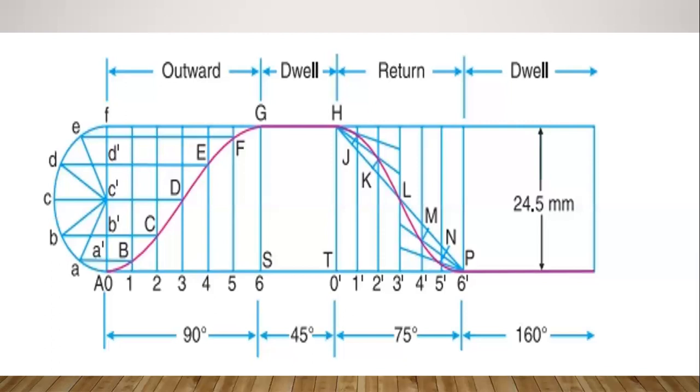The pink colored line is the freehand curve here. Then the last remaining period, that is 160 degrees, is the dwell period, which remains a straight line.